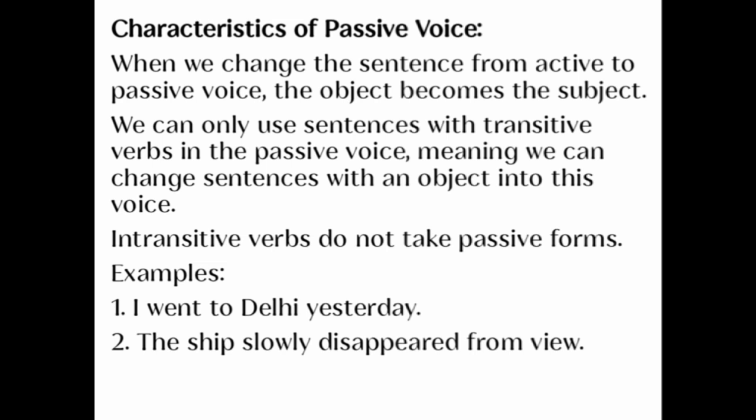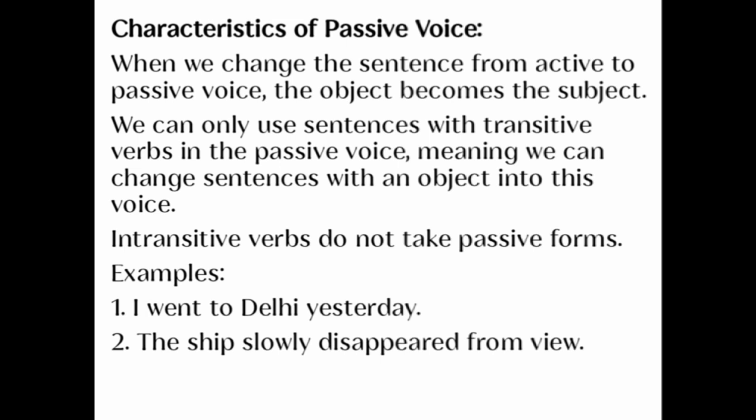We can only use sentences with transitive verbs in the passive voice, meaning we can change sentences with an object into this voice. Intransitive verbs do not take place in passive forms.